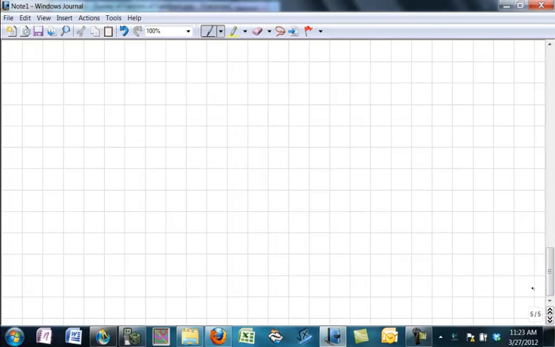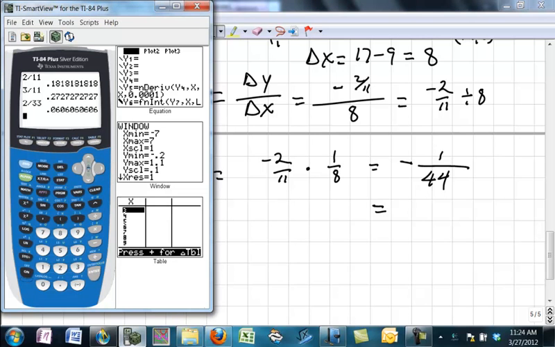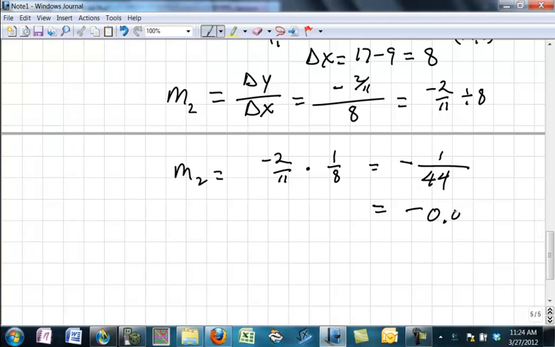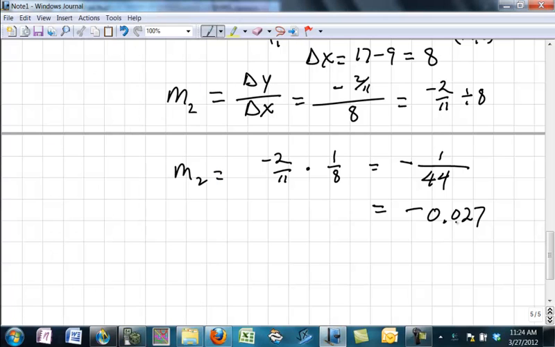Okay. Which that slope 2 is now negative 2/11 times 1 over 8. Let's do a little canceling here. First of all, we get a negative 1 at the top, the 2 and the 8 cancel to 4. 4 times 11 is 44. Negative 1 over 44. Let's go ahead and figure out what that is in decimal version. Negative 1 divided by 44. And that's negative 0.0227, and then after that, it looks like the 2's and the 7's repeat like that.